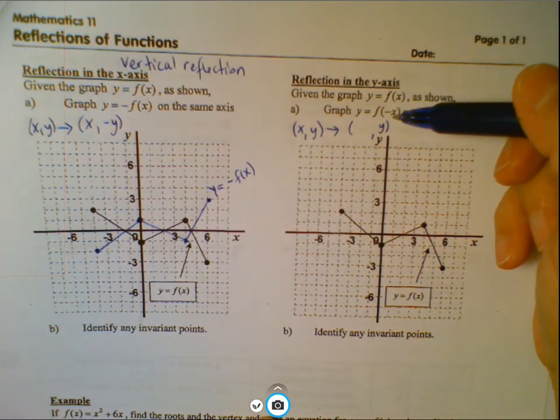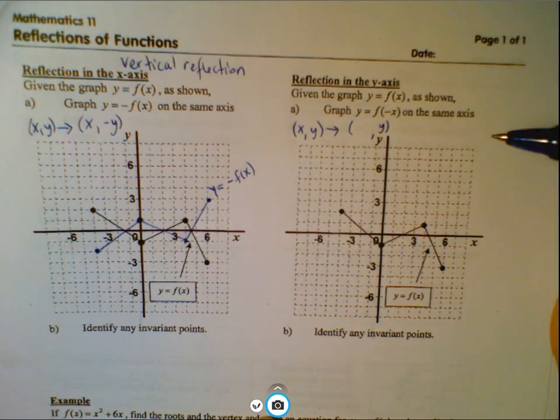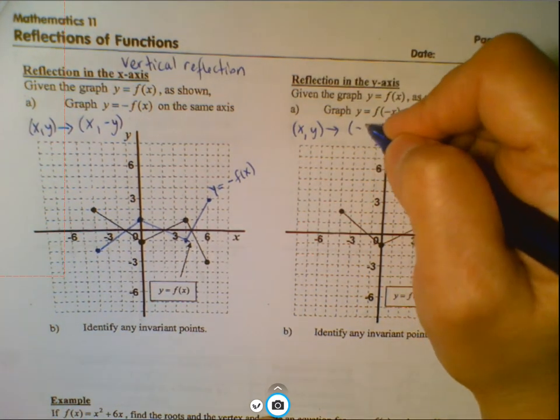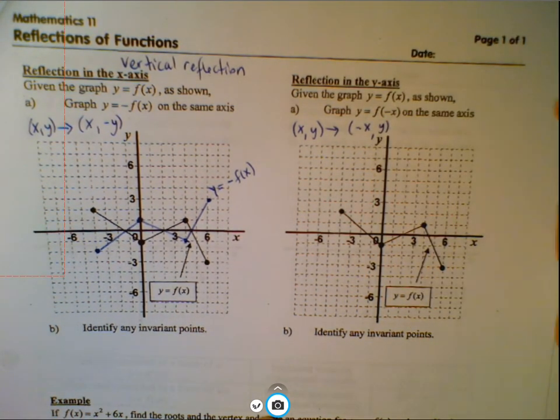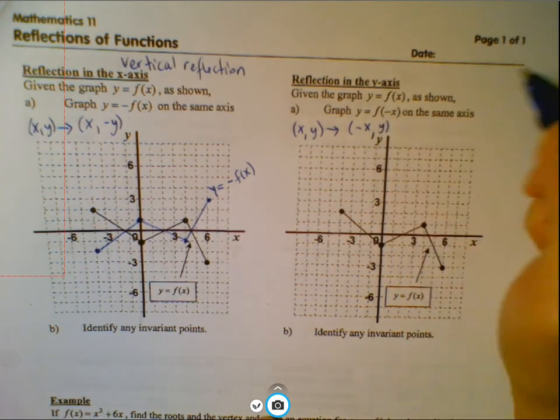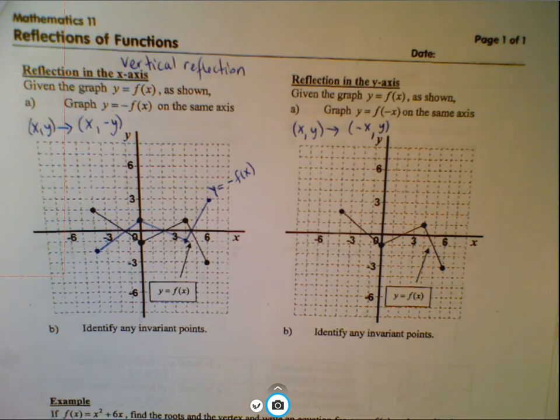So what has to happen to the x's so that when I make them negative, they come back to the same x's as before, which produce that y? So I will have to turn these x's negative, or change their sign, in order to produce the x's from before, which will give me those y's. It's a similar idea to why with translations, we go left and right. So a little bit backwards.